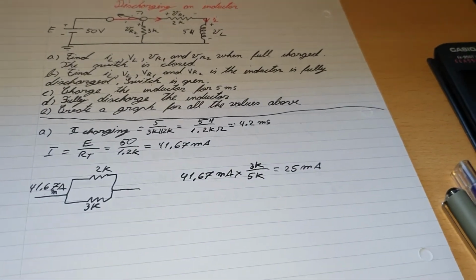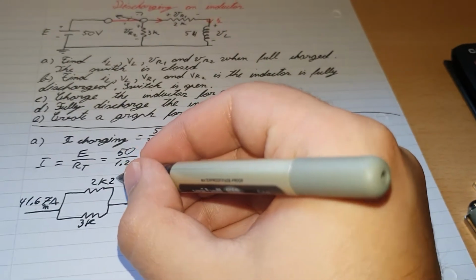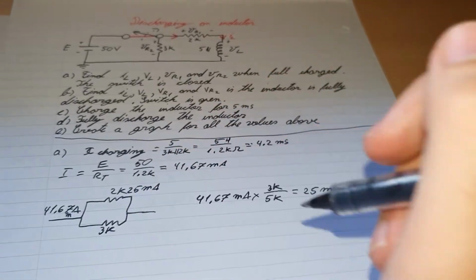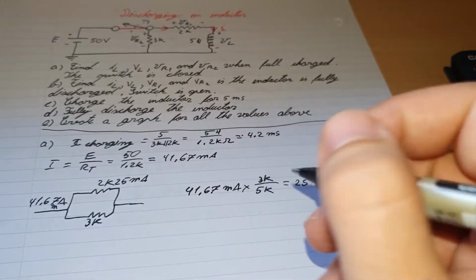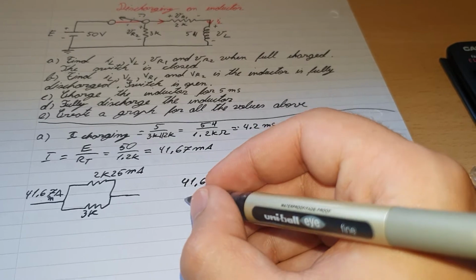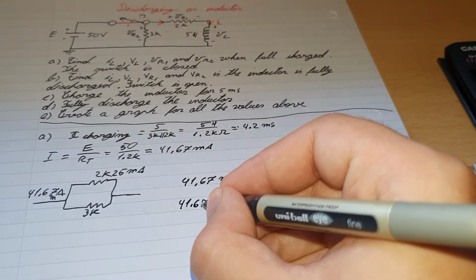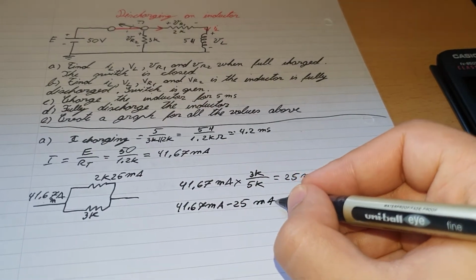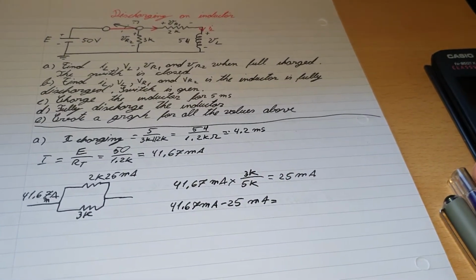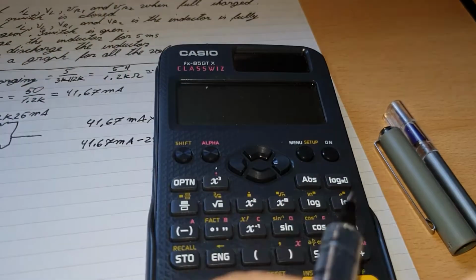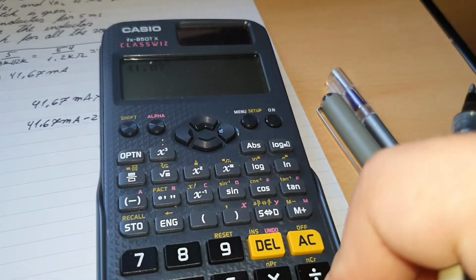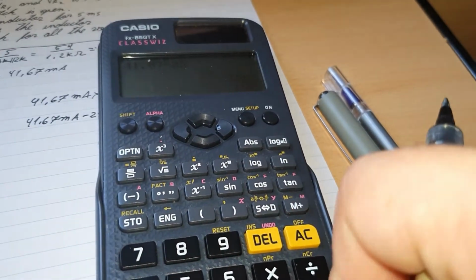And that's quite fitting, to be honest. So there will be 25 milliamps going through the 2k, which means that to the 3k there will be going 41.67 milliamps minus 25 milliamps, and that one will be equal to 16.67.